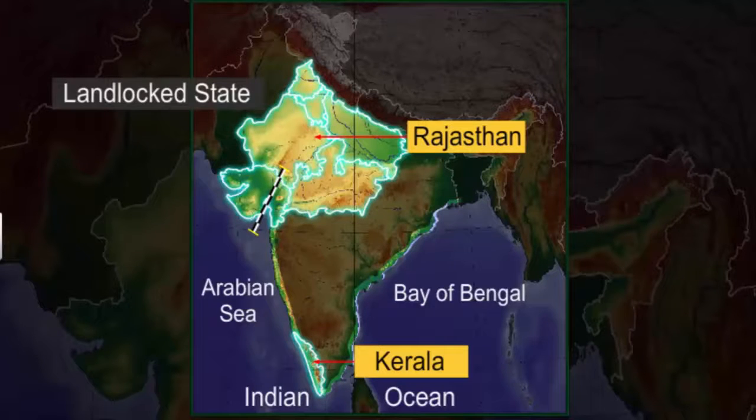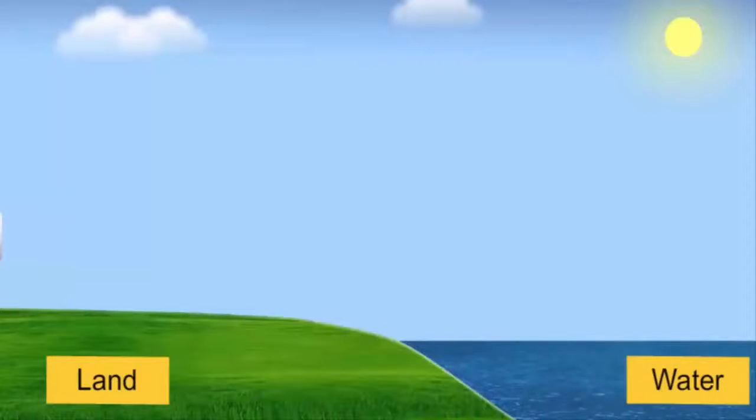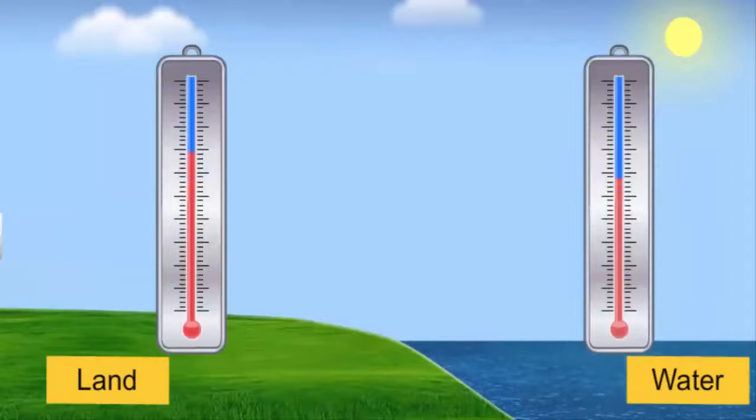For example, the climate of Rajasthan and Kerala is different because Kerala is near the coast, while Rajasthan is a landlocked state. As compared to land, water responds slowly to temperature changes.